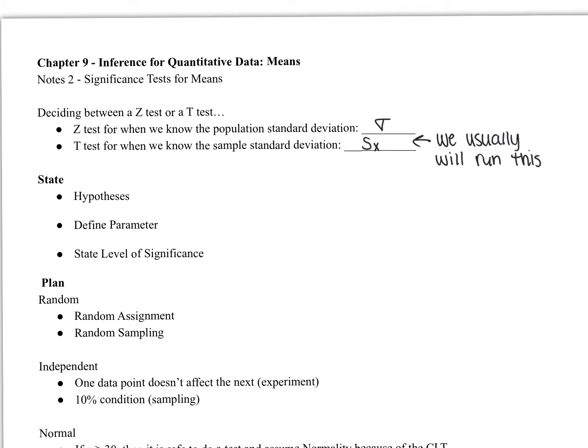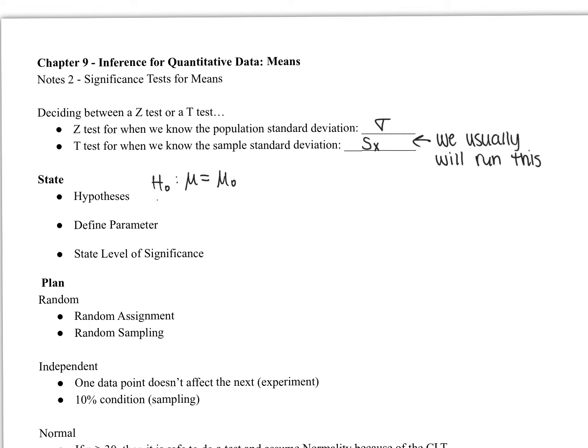So the first part of running a significance test for a mean is to state our hypotheses, our mean, and the level of significance we are looking at. For the hypothesis for a mean, the null hypothesis is that the mean is going to be equal to your claimed mean.